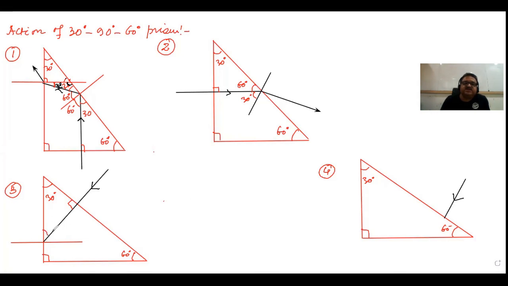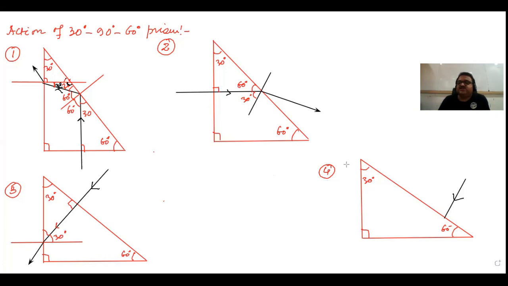If it is 60, that means this ray of light is making an angle of 30 degree with the normal. So what will happen? Will it be reflected or refracted? Obviously, it will be refracted because the angle of incidence is less than the critical angle. So how does it bend? Since it is moving from denser to rarer, it will move away from the normal. So the complete diagram is this. The light ray will move like this.